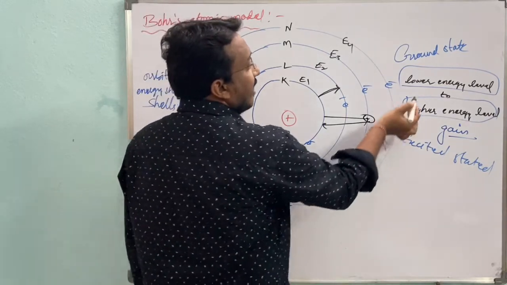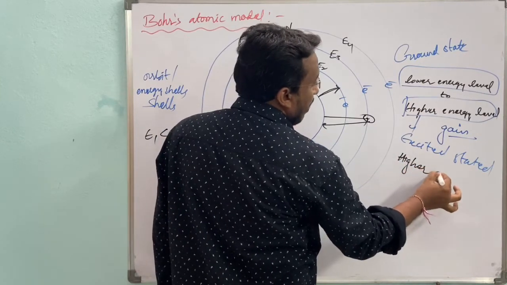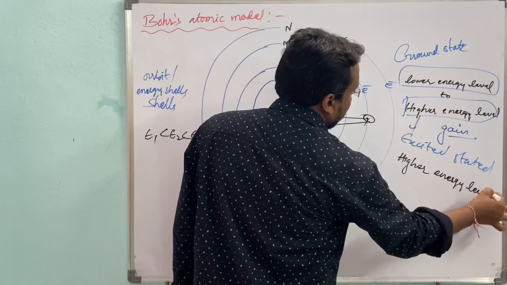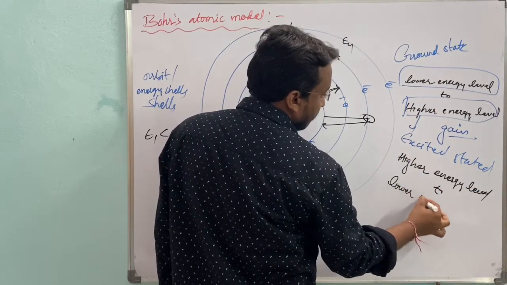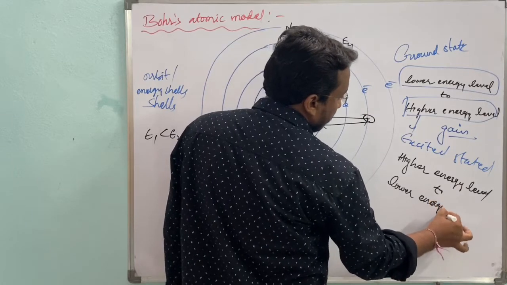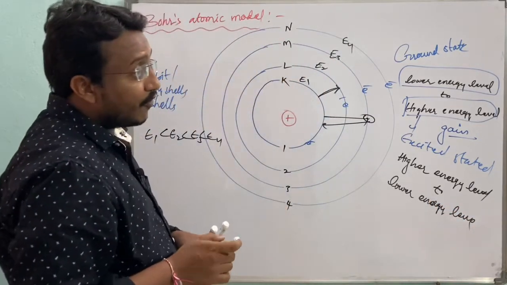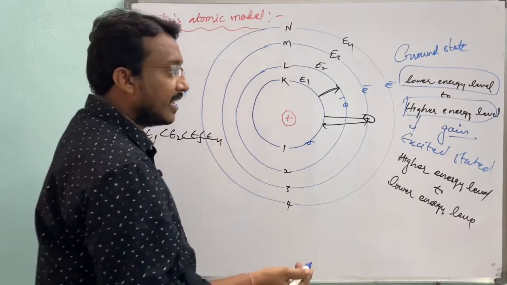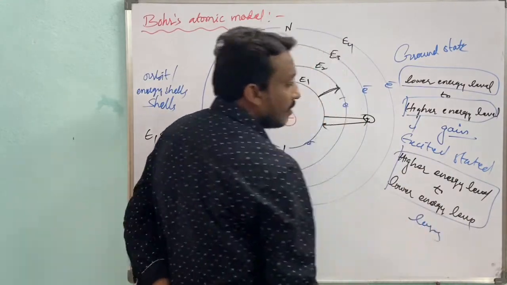Then again it jumps from the higher energy level to the lower energy level. Have you understood? From lower to higher it jumps by gaining energy, but here it loses energy.